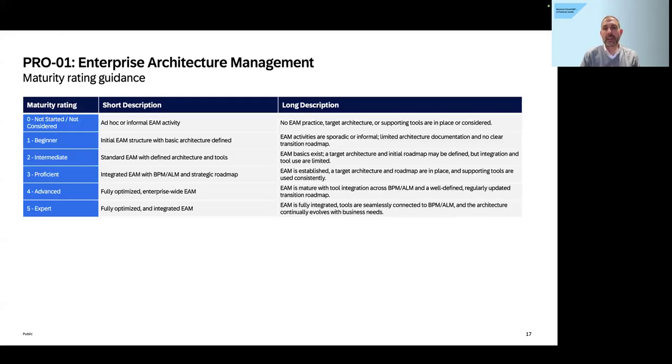So is everything in the enterprise architecture practice ad hoc or informal, not an official practice that has been established, and are there tools commonly used across the organization? Then the next step, expressed here as a maturity level, is to think about, for example, starting with architecture documentation. The next step is, I have one, but I want to build a roadmap.